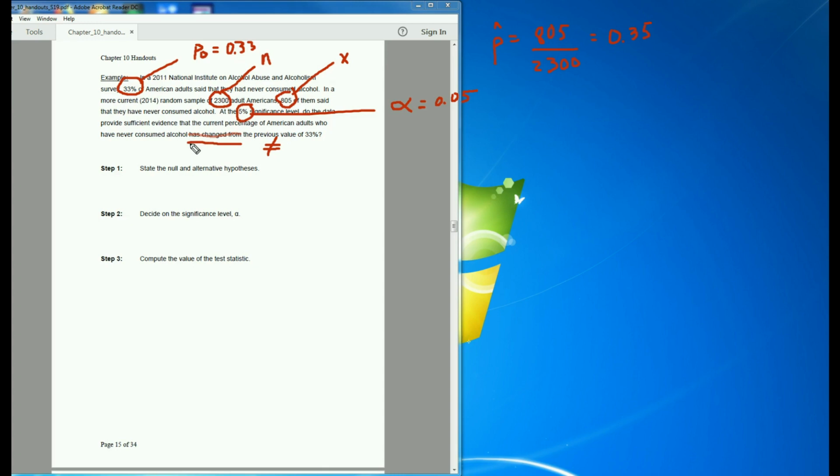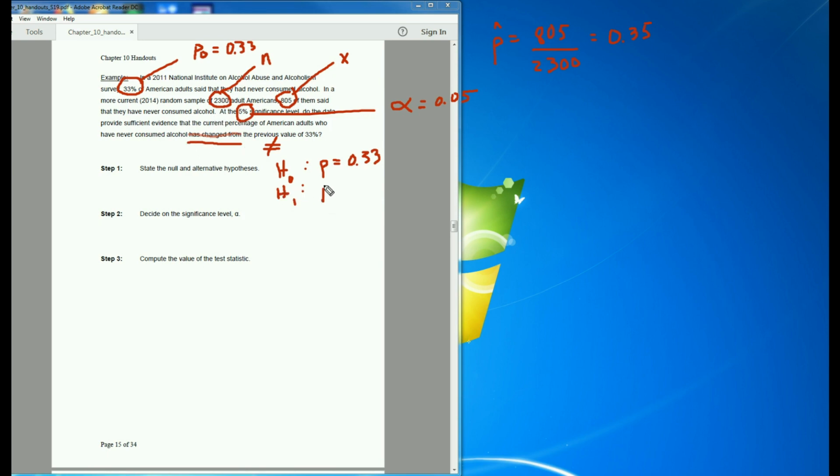You really have to read the words carefully and interpret, because that will tell us how to write our alternative hypothesis. The first step is always writing the hypotheses. The null hypothesis is always going to have an equal sign. So is the proportion equal to the value it used to be, which was 0.33, or the alternative: based on this new sample data, has it changed?